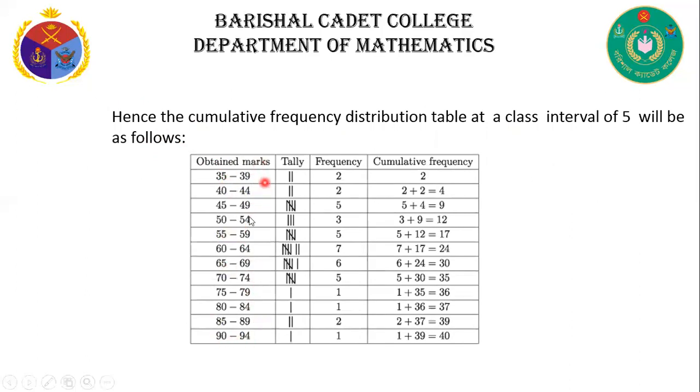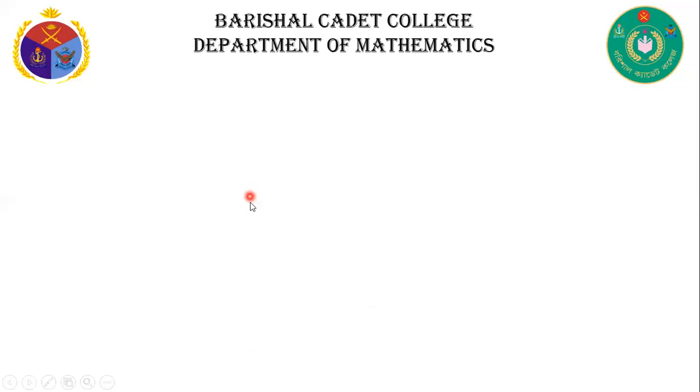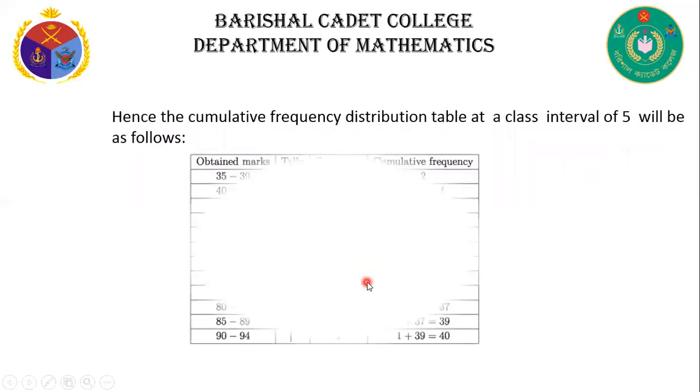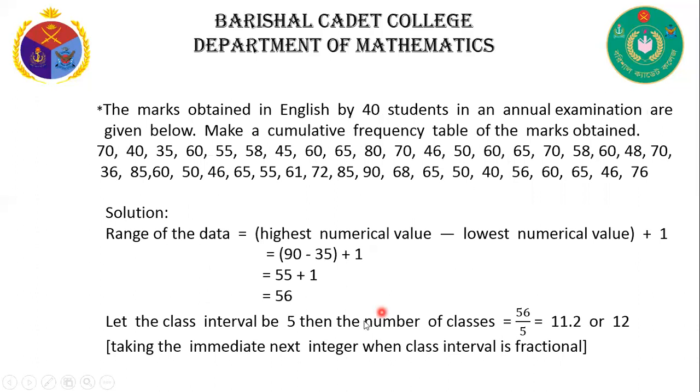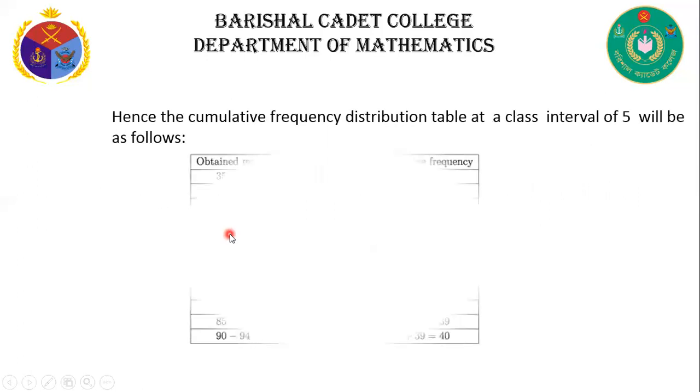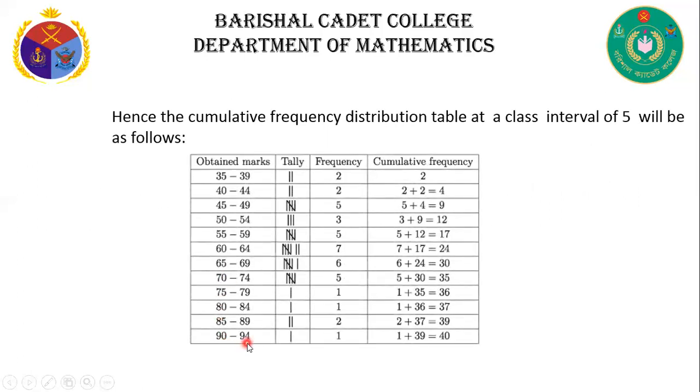The number of classes is 12, that's why we can write 90 to 94. Now marks obtained 35 to 39: within this range, the frequency is 2.